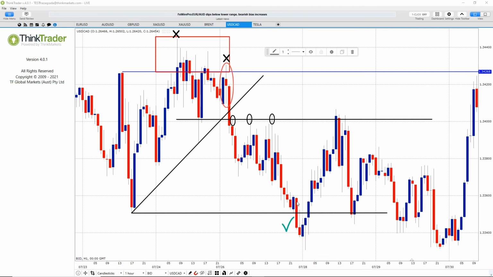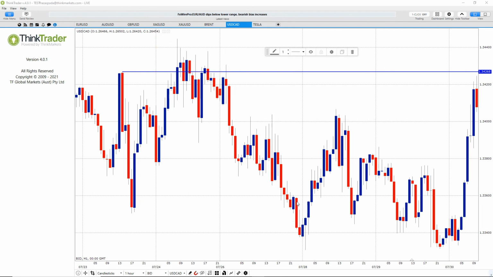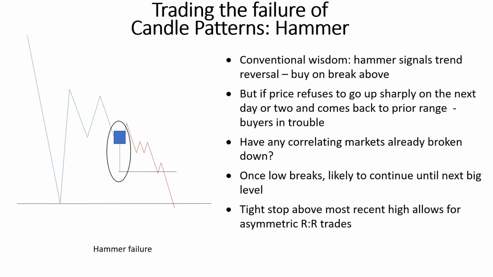Now this is a very simple concept, but very effective at the same time if you trade it correctly. So coming back to our slide and to conclude this video, trading the failure of candle patterns is an alternative way to engage with the markets than relying on the traditional way of going about the business. This way of trading is often overlooked by analysts and newer traders, but can provide a strong follow-through, especially when used in the direction of the prevailing trend.